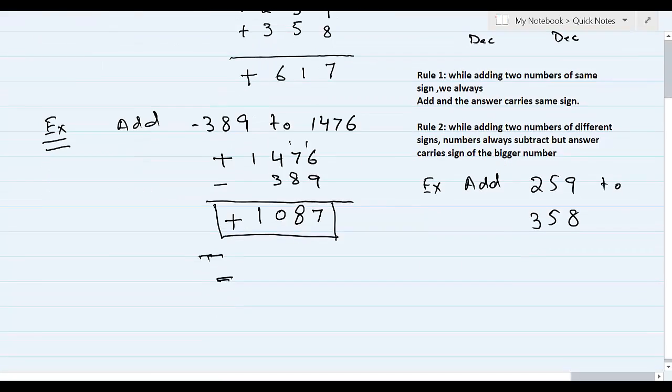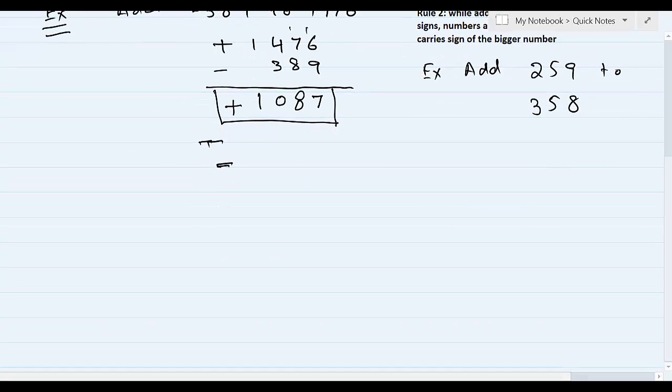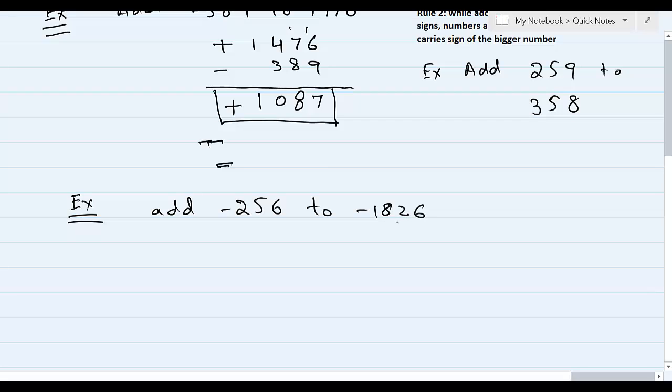If both numbers were negative, for example, we'll take another example. Add minus 256 to minus 1826.